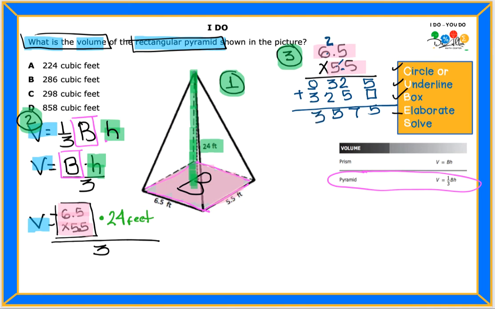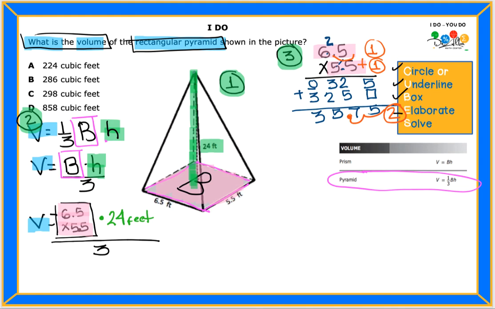Now let's check the decimals on each factor. This has 1 decimal. Here we also have 1 decimal. So at the end we have 2 digits from right to left, that's 1 and 2. Great.